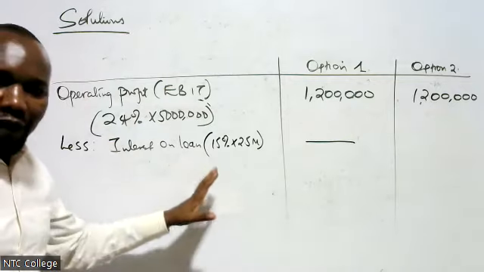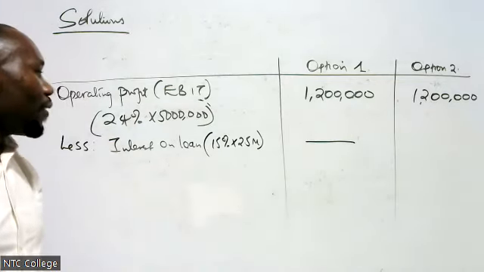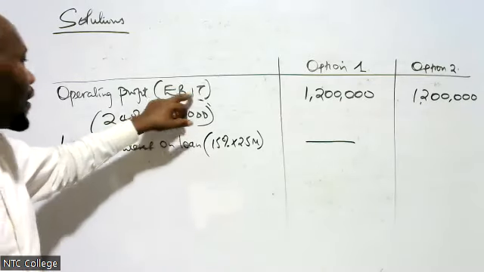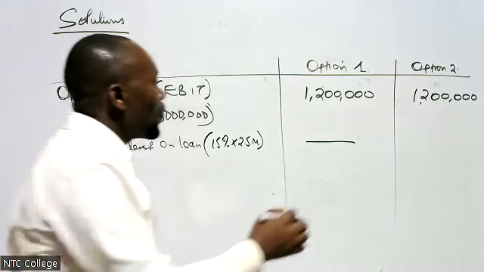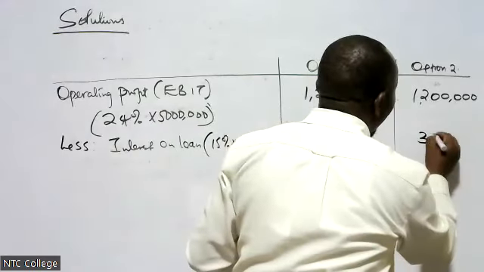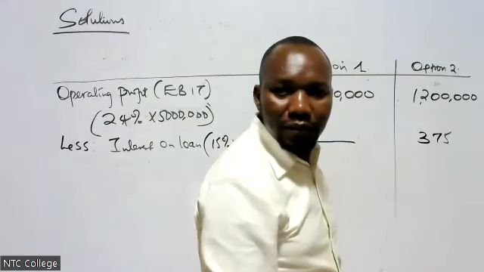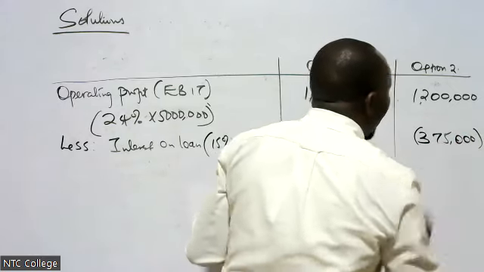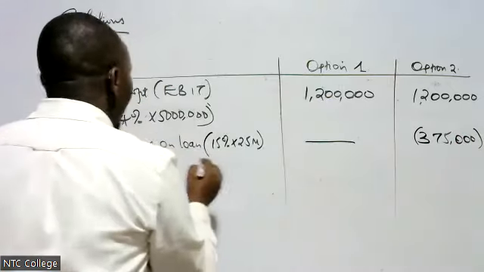The loan was 2.5 million, the rate was 15%. So we have to pay interest on that, and that is the interest that we have to deduct. So we are having 375,000.